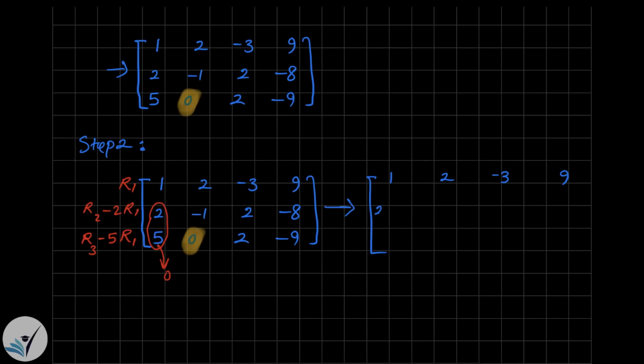On the second row, we have 2 minus 2 times 1, -1 minus 2 times 2, 2 minus 2 times negative 3, and negative 8 minus 2 times 9. On the third row we have 5 minus 5 times 1, 0 minus 5 times 2, 2 minus 5 times negative 3, negative 9 minus 5 times 9.